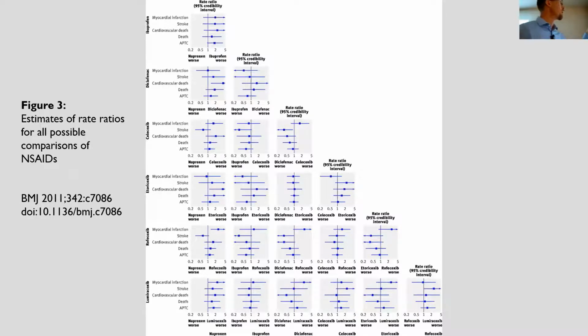But basically what it shows is, starting with ibuprofen as sort of like the reference point, actually, they're using naproxen as the reference point. Ibuprofen is greater risk for everything: MI, stroke, CV death. Don't worry about APTC. It stands for antiplatelet trialist collaboration. I don't know why that's in there, but it isn't referring to anything medical.